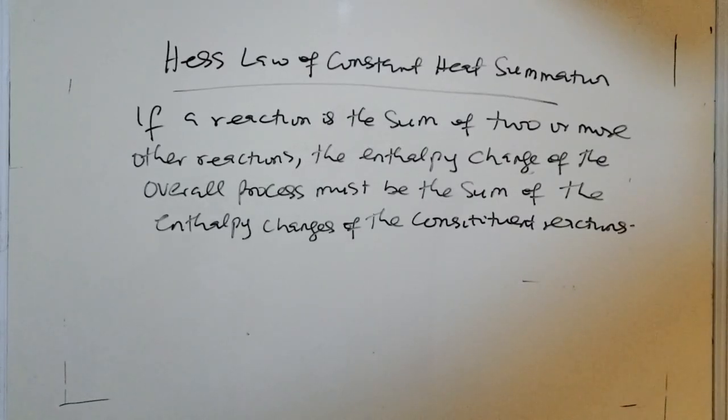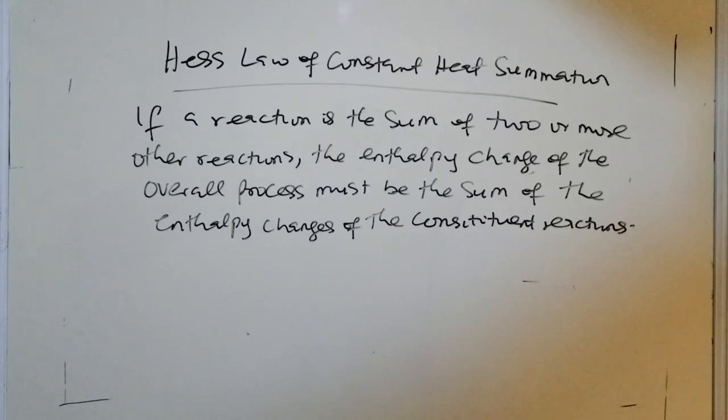So at this point, we look at Hess's law of constant heat summation, a very important law in thermodynamics. There are different ways of stating it, but they all boil down to the same meaning. A particular statement for it says that if a reaction is the sum of two or more other reactions, the enthalpy change of the overall process must be the sum of the enthalpy changes of the constituent reactions.